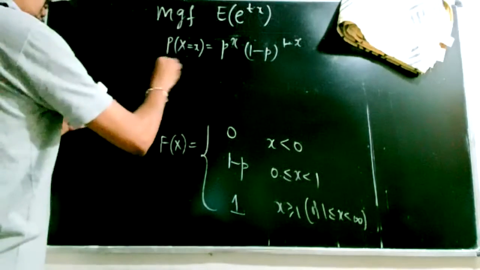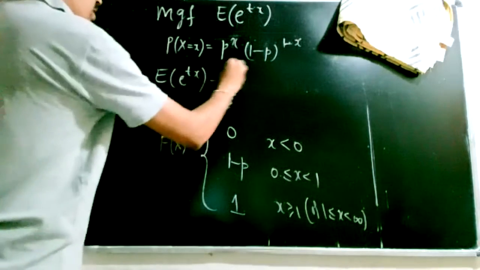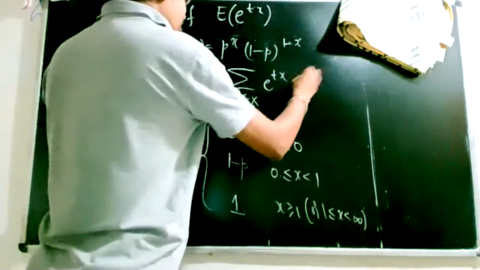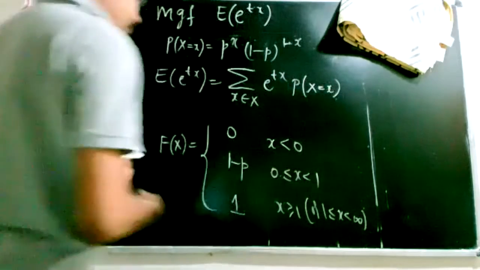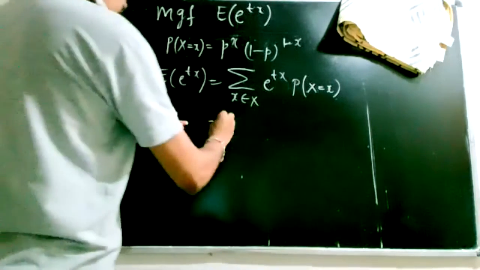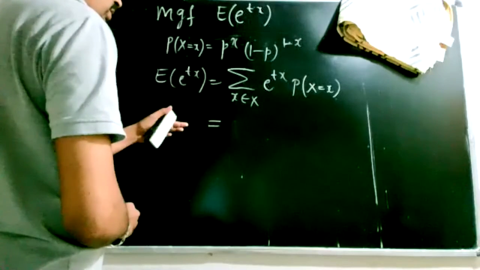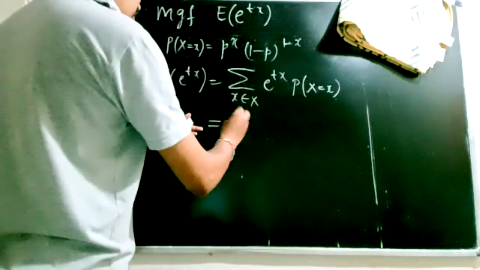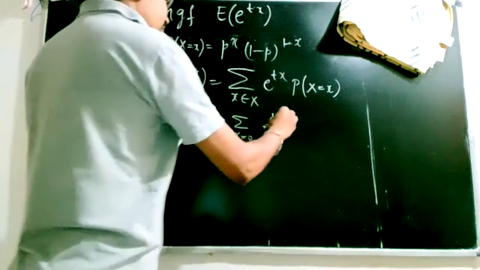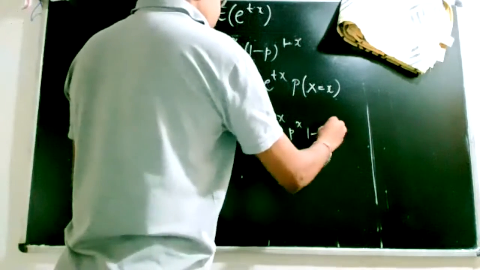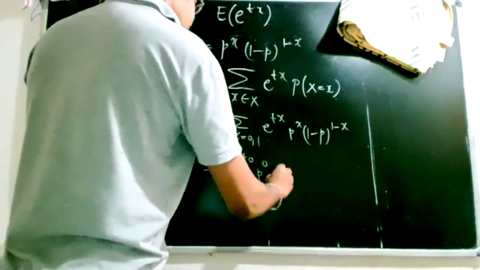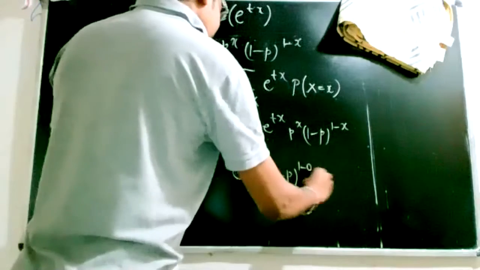So the expectation of e power tx will be, by definition, summation over x of e power tx into the respective probability, and in this case it will be equal to summation over x equals 0 to 1 of e power tx, p power x, 1 minus p power 1 minus x. So when I put x equals 0, I get e power 0, p power 0, 1 minus p power 1 minus 0.